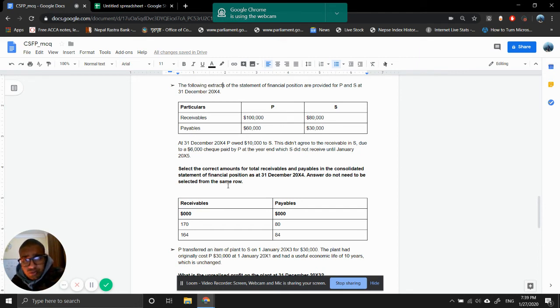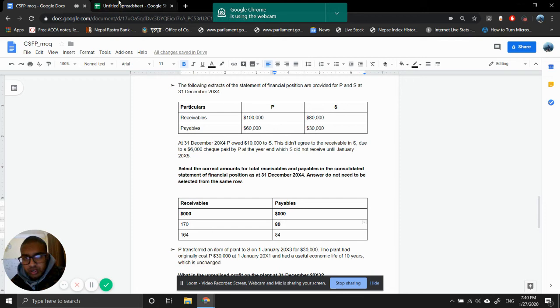Okay, so what should happen is that 6,000 has already been paid, right? So 10,000 is removed from payables, and then after that from payables 10,000 is removed. So I think this will be this figure, so I'll just bold it.